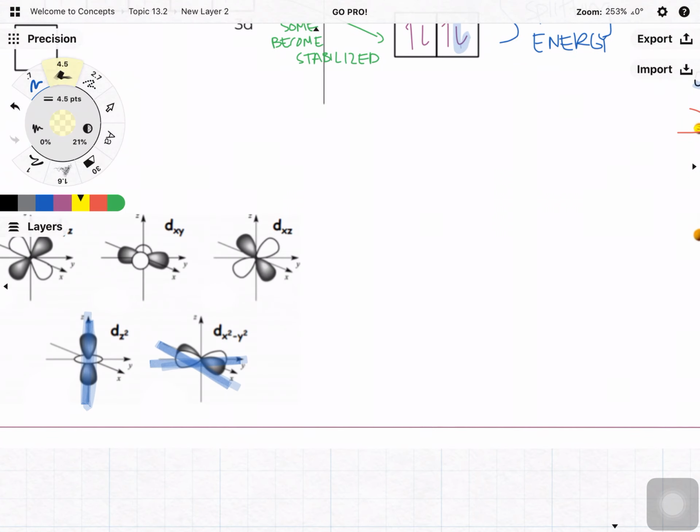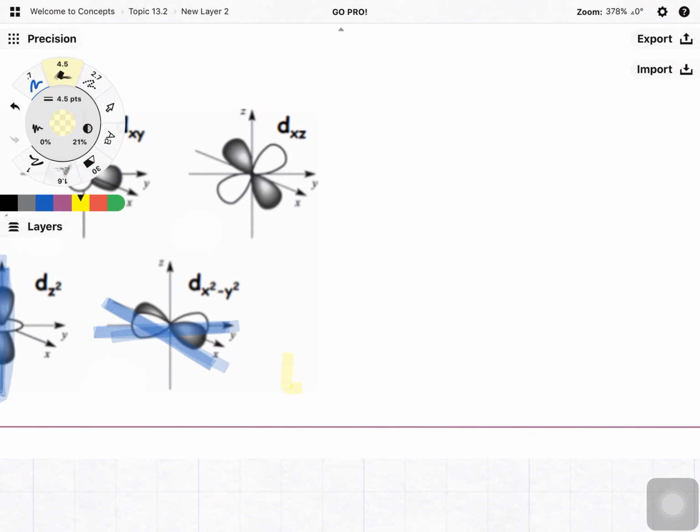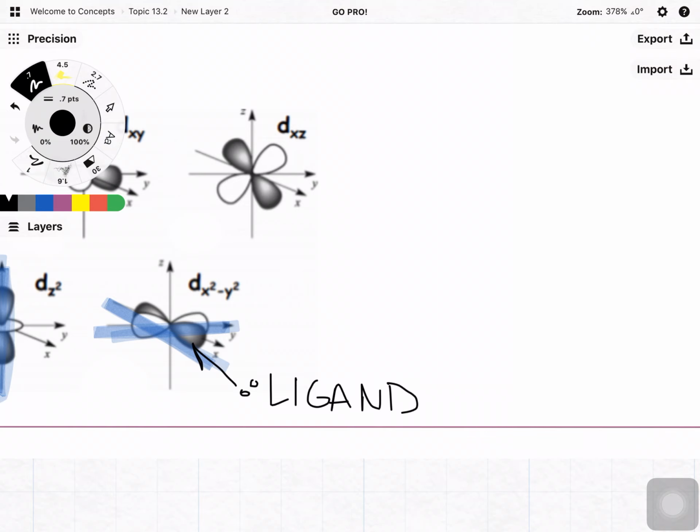And so we have negative electrons from our ligand trying to go in and form a bond along these axes. However, there are electrons in those orbitals along that axis.